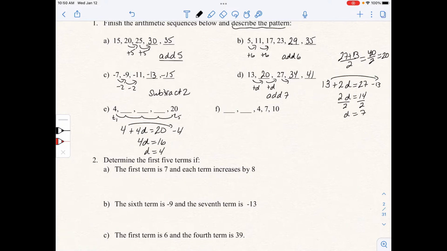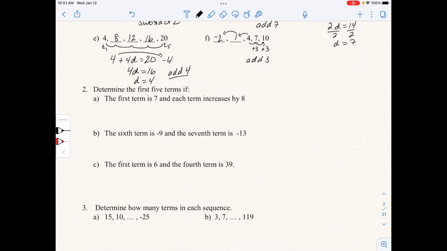Our difference is 4. Now if you've done this yourself, you might not have done it this way with these terms, but I'm introducing you to some of the terms. Here we can see it's add 3 and add 3. So going backwards, I'm going to subtract 3. Our first term there would be a negative 2.